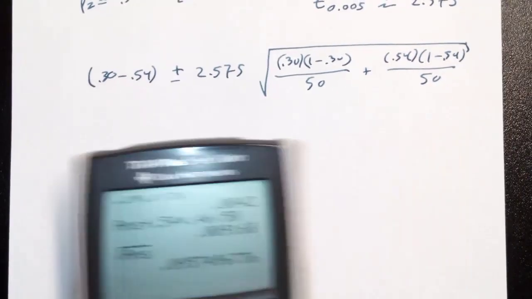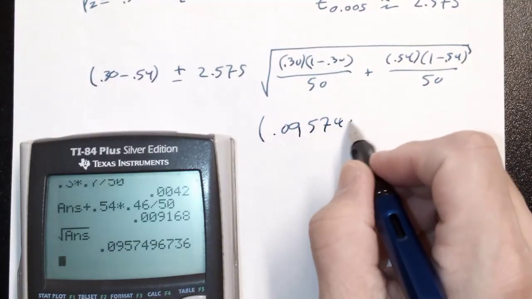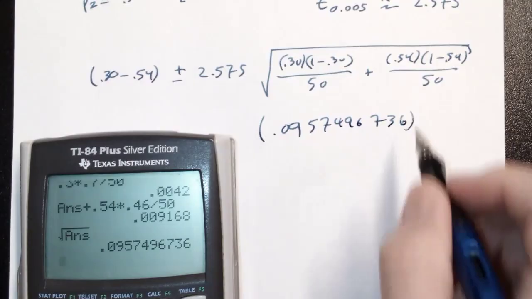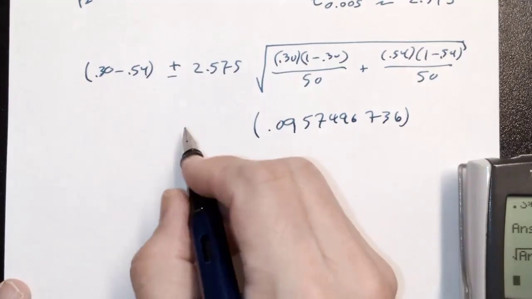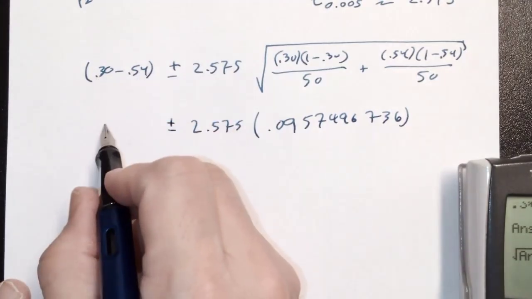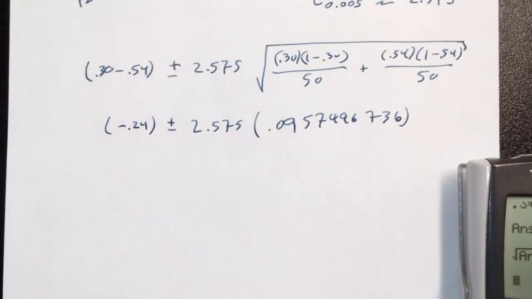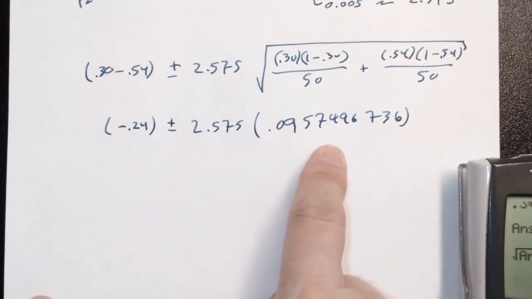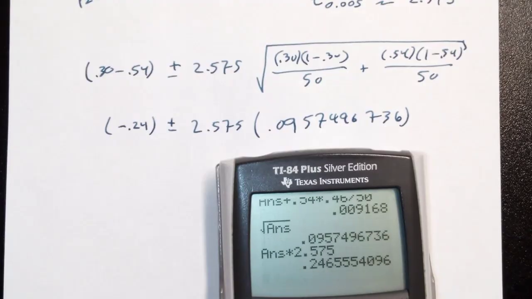I'm going to write that down. 0.0957496. I'm just a pain in the ass. I write down all my decimal places. You don't have to, you can round off here depending on what you're doing. 2.575 plus or minus, and then 0.30 minus 0.54 is negative 0.24. So I'm going to multiply this number by the 2.575, and I get 0.2465.